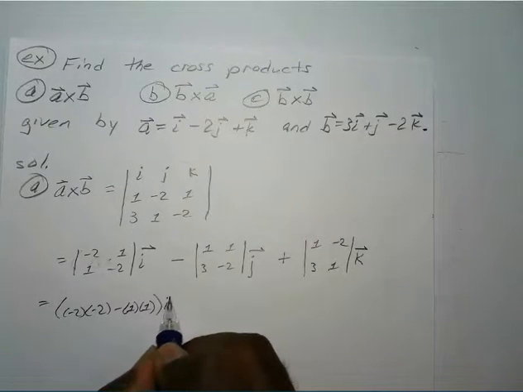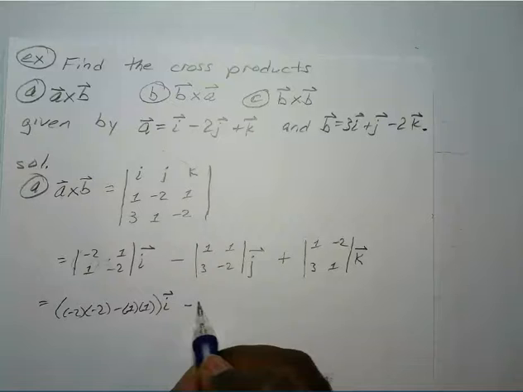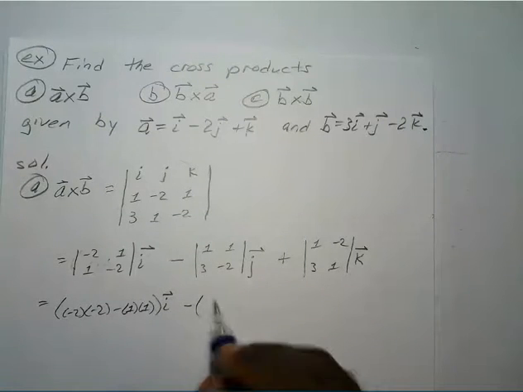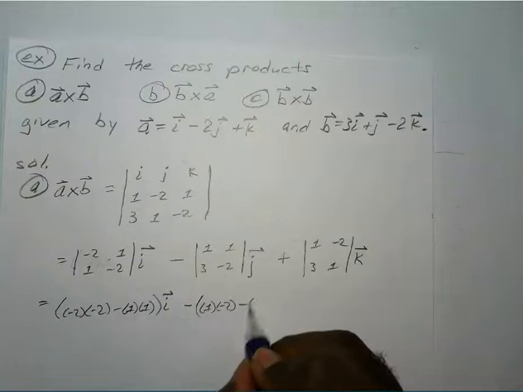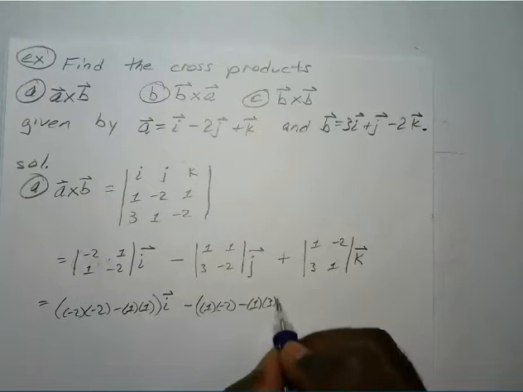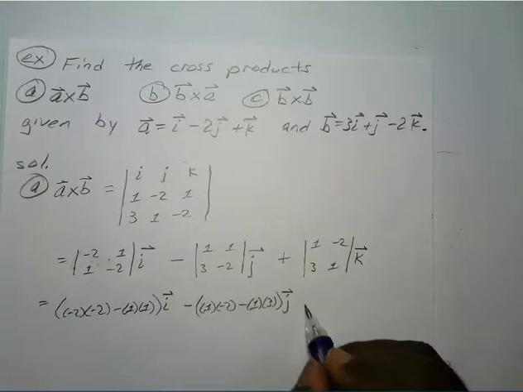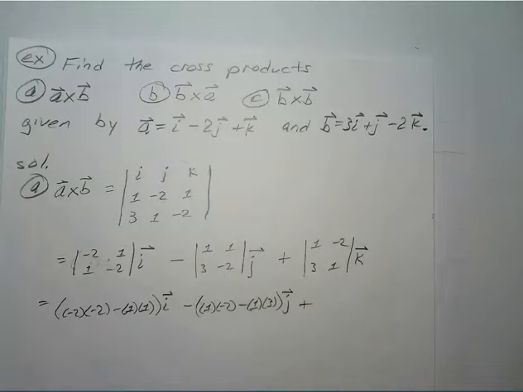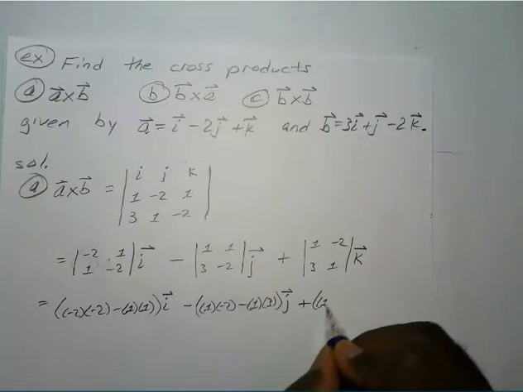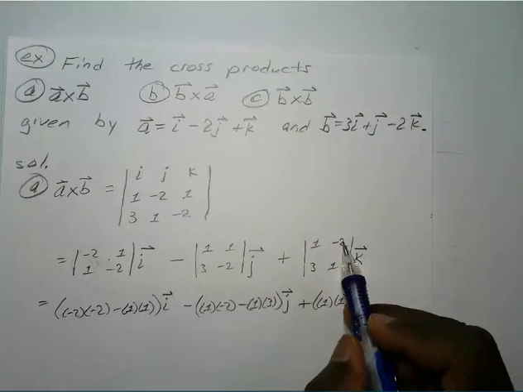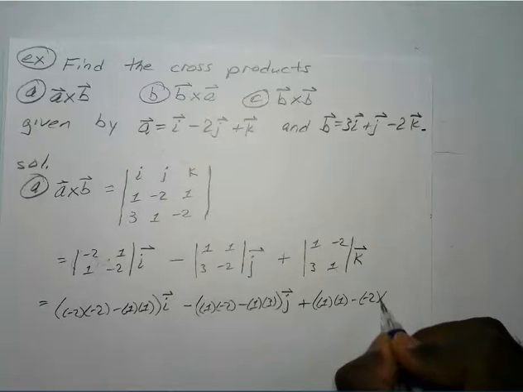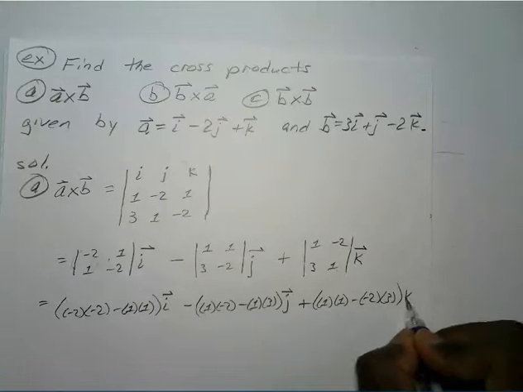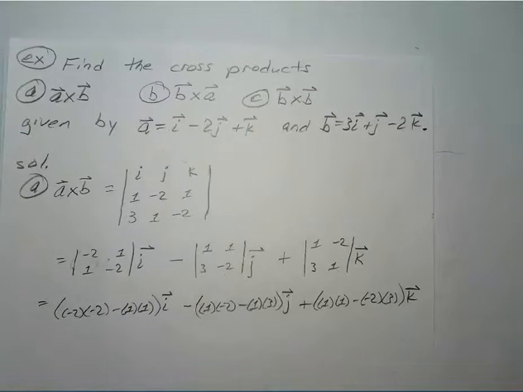And that's times your i vector minus 1 times negative 2 minus 1 times 3 times your j vector plus 1 times 1 minus negative 2 times 3. And that's times your k vector.